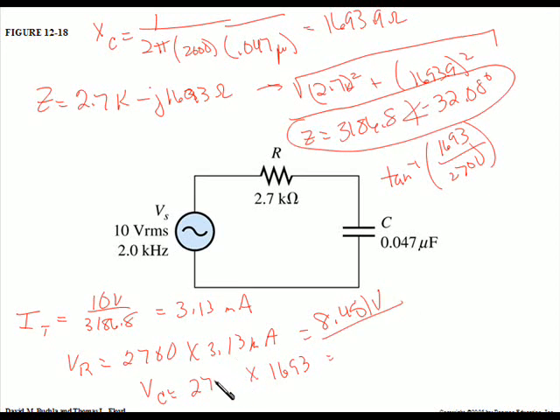And VC is not 2700, it's current times XC. So it's 3.13 milliamps times 1693, which is 5.299 volts for that one.